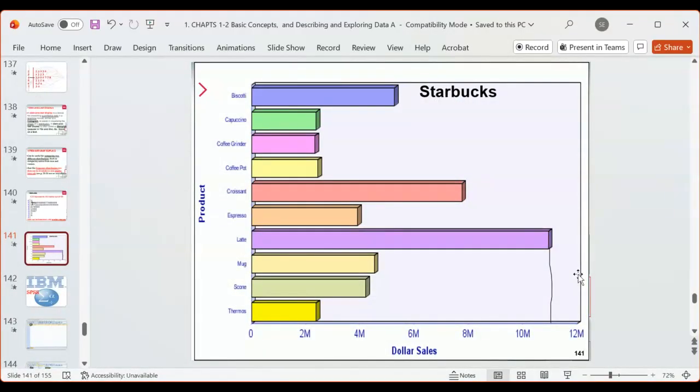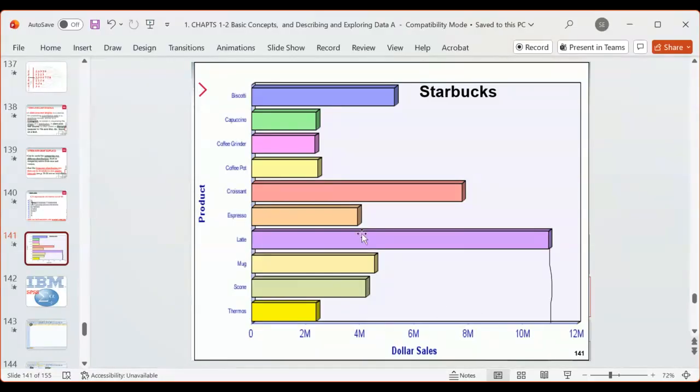And if you are the CEO of Starbucks and you want to see what's going on, who's buying what, you will see that at the bottom is the dollar scale. You'll see that over a million, that's $11 million sold of latte.